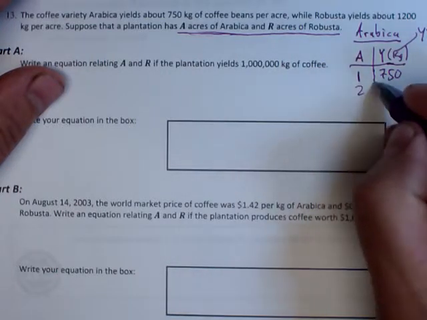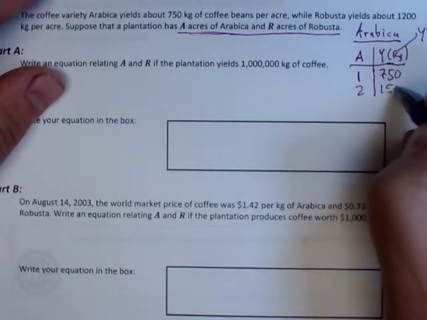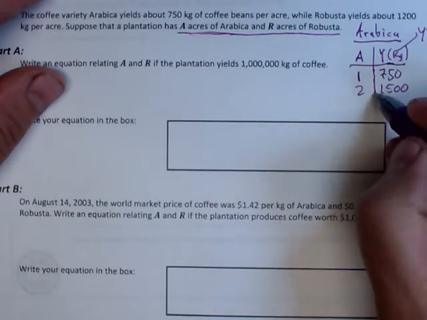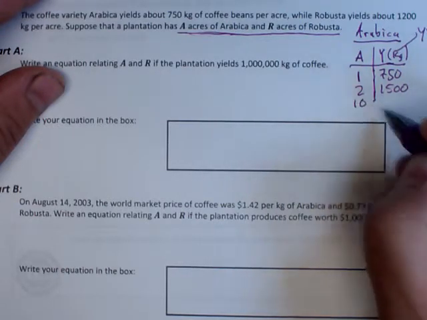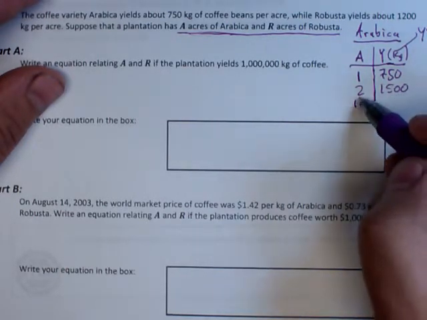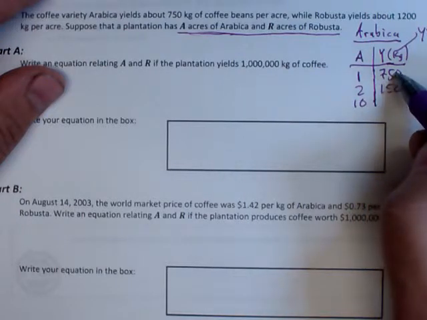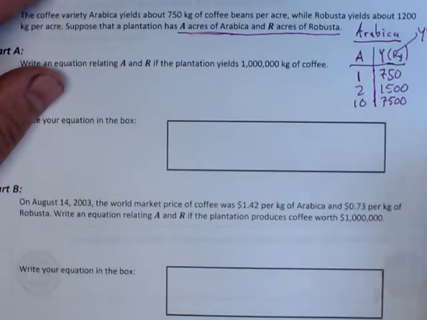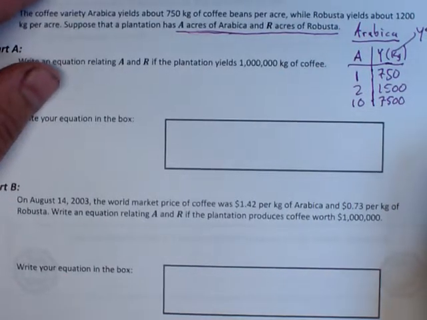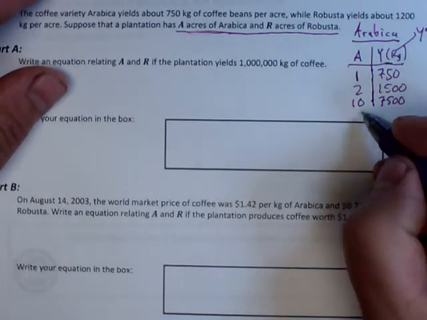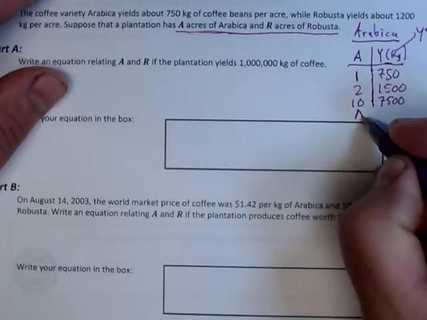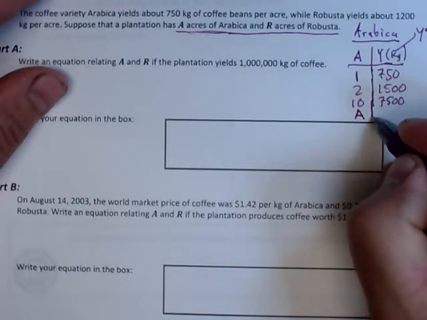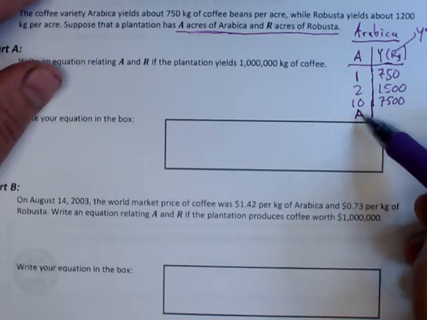2 acres then would be double that. It would be 1,500. And so on. If we got down to 10, we would do 10 times 750 per acre. We would get 7,500 kilograms of Arabica. And here's the big leap here. Let's say that we call this A acres of Arabica.